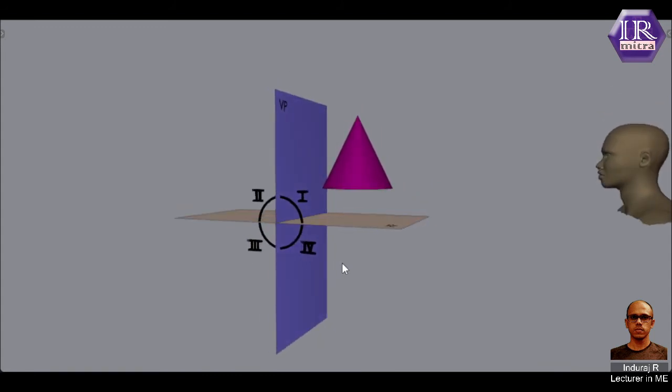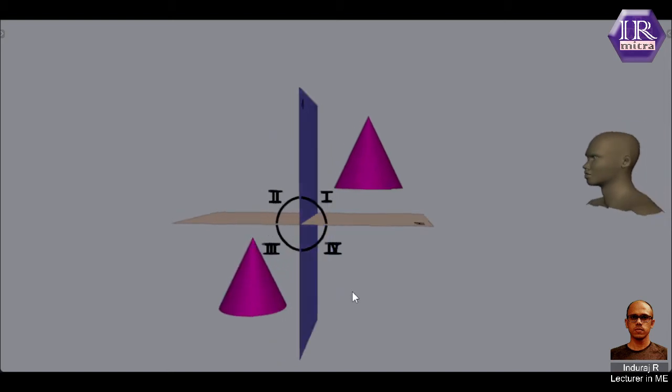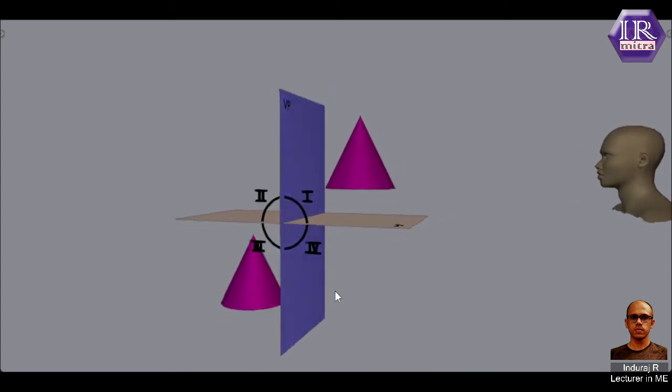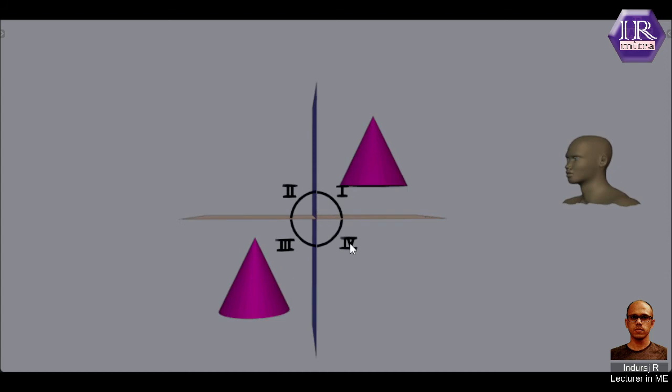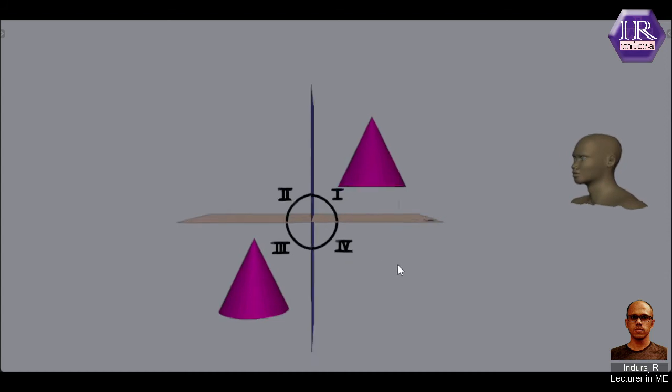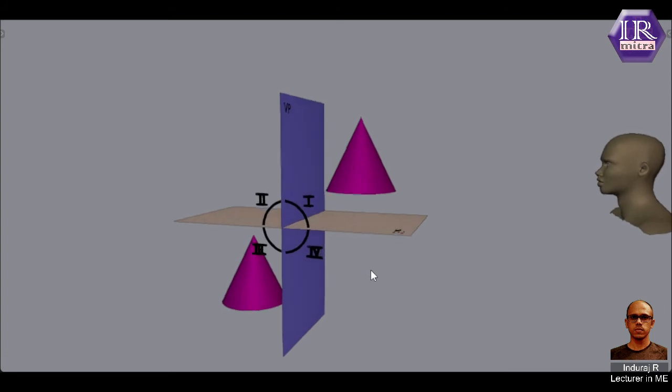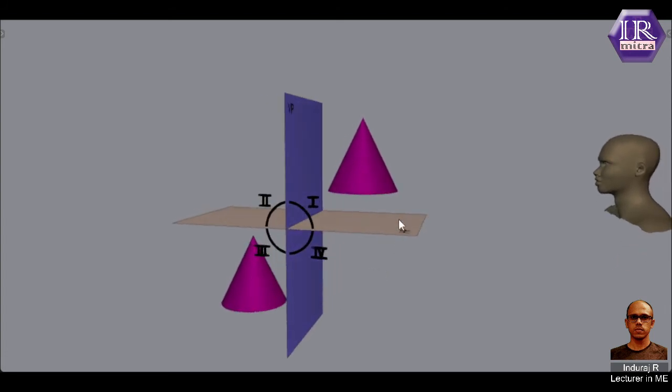But the point you have to remember is that usually we use only the first quadrant and third quadrant for projections, and we do not usually use the second and fourth quadrants. Why we are not using the second and fourth quadrant, you will get by the end of this video.